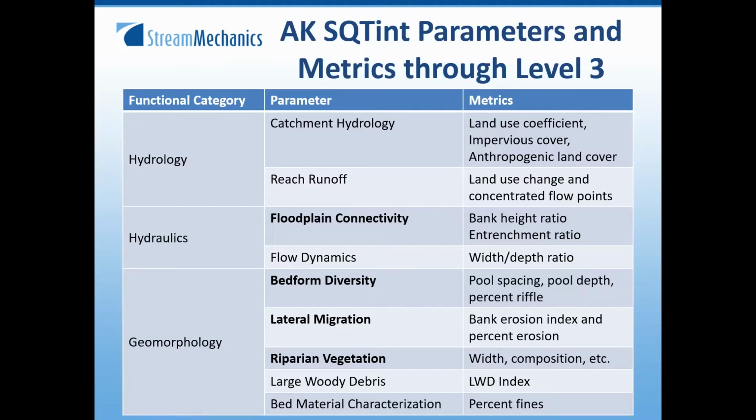I just want you to know that every parameter must have at least one metric, and they can have more than one. These parameters and metrics are all included in the Alaska Stream Quantification Tool, and there are more for physicochemical and biology, but I'm just going to focus on hydrology through geomorphology.